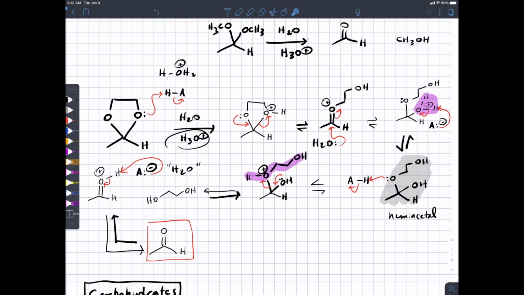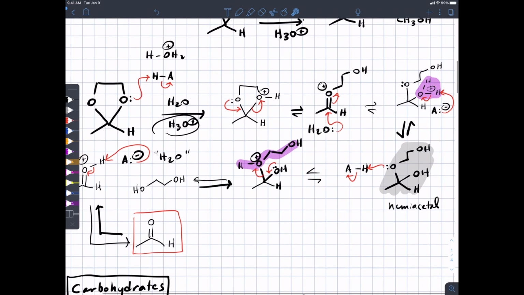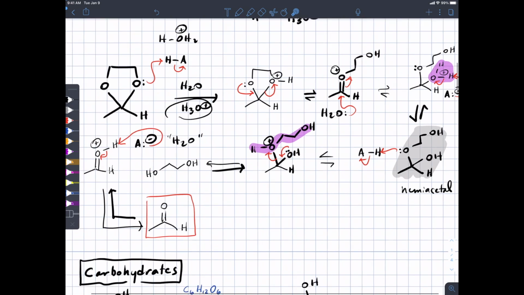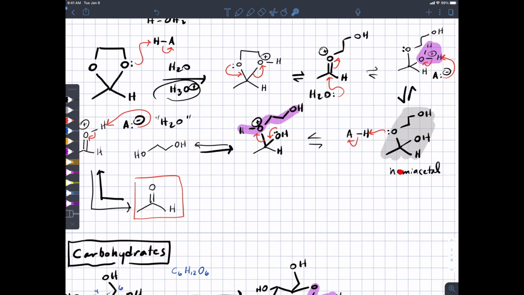So ignore the arrows for the moment. Let's start with the aldehyde. We protonate the oxygen to get this intermediate. Then one of these OH groups would attack to give you this intermediate. You'd remove this proton to get the hemiacetal.